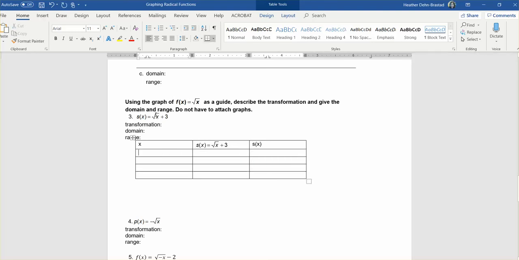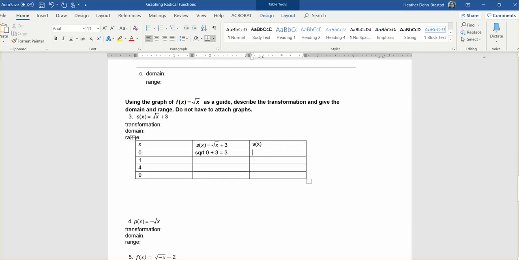This is taking the square root of x, so I'm going to pick ones that are perfect squares. So square root of 0, square root of 1, square root of 4, and I'll do the square root of 9. And the reason I'm picking these values is because now when I plug in the square root of 0, that's just 0 plus 3 is 3.